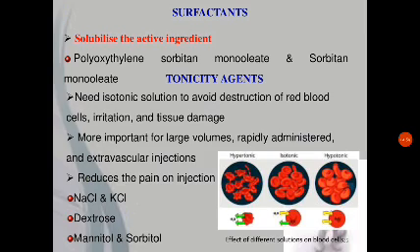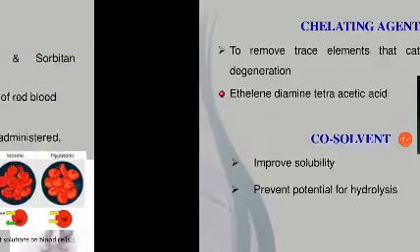Then tonicity agents, these are added to make the solution isotonic to blood, otherwise it will destroy the RBCs or induce tissue damage. Commonly used tonicity builders are sodium chloride, potassium chloride, dextrose, mannitol, and sorbitol, etc.